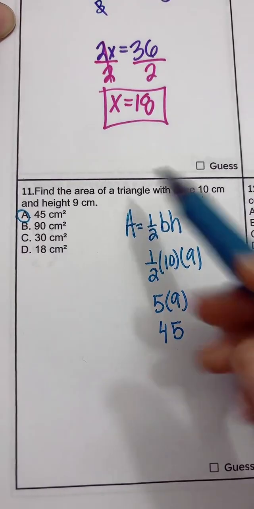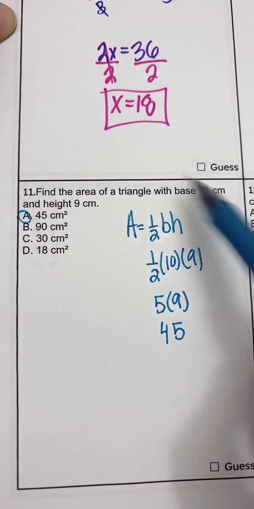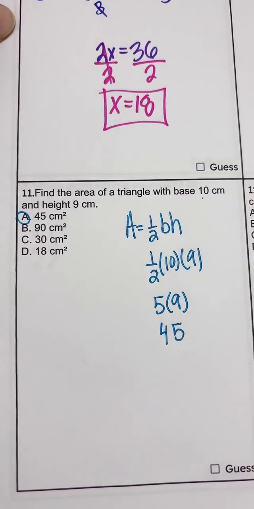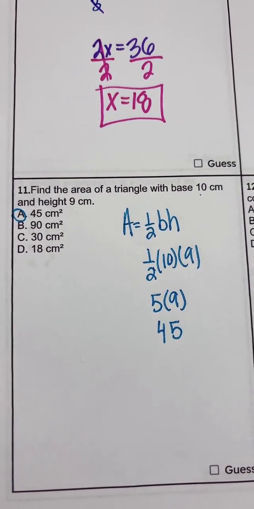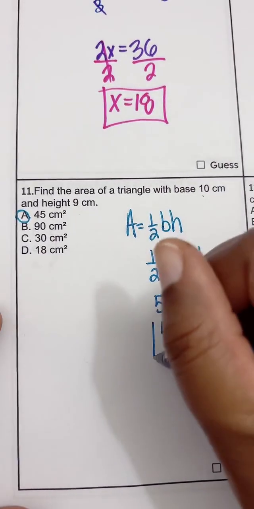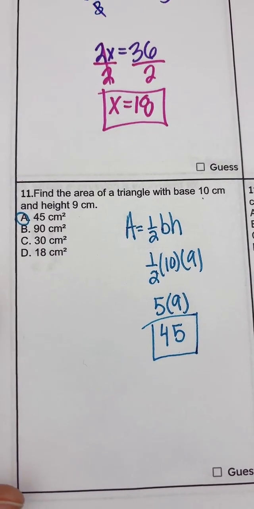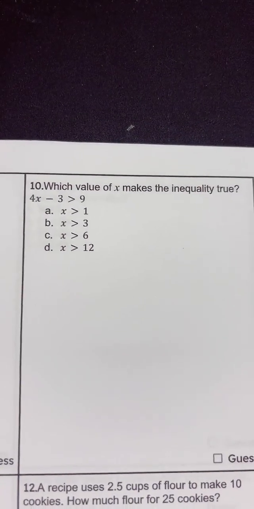Good. Yes. So you just always remember, like, so you're saying you just do 9 times 10 because you know it's area. You multiply it and then you just take half of it, Latoya? Is that what you mean? Yes. Yep. Good. All right. Let's get into some inequalities.